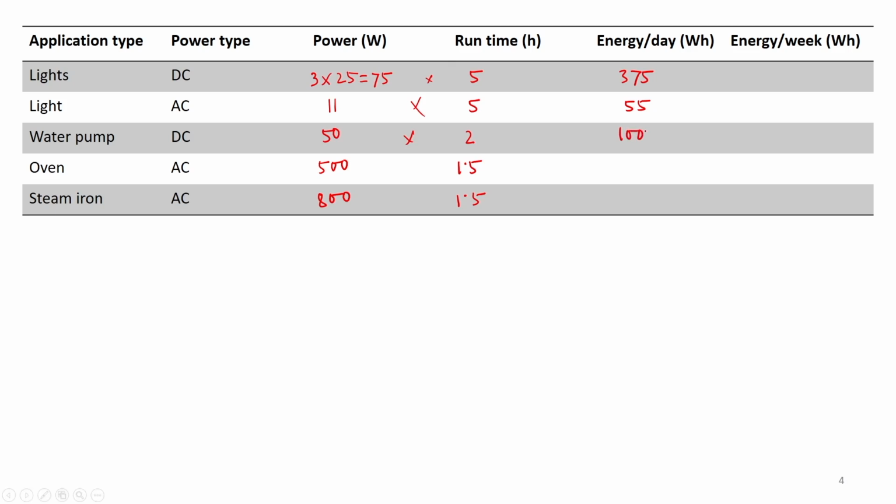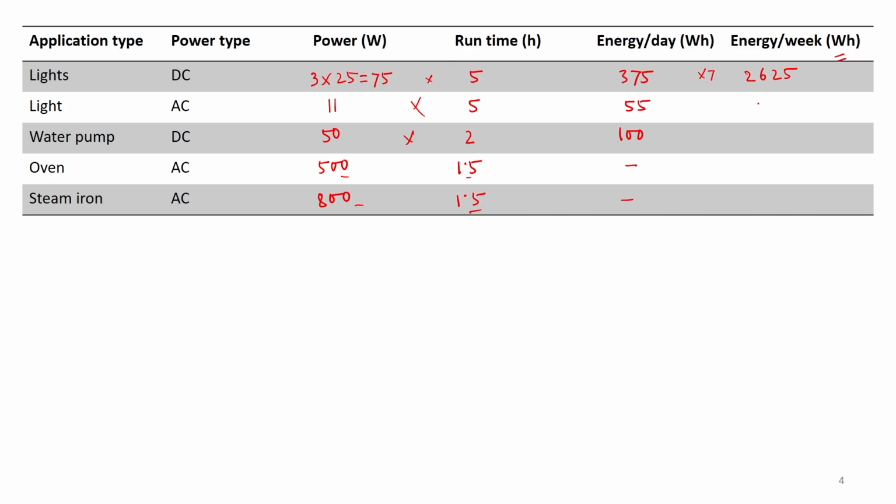The oven and iron run on a weekly basis, so daily we will calculate later; first let us do the calculation on a weekly basis. If we multiply with 7, we get 2625 watt hour.